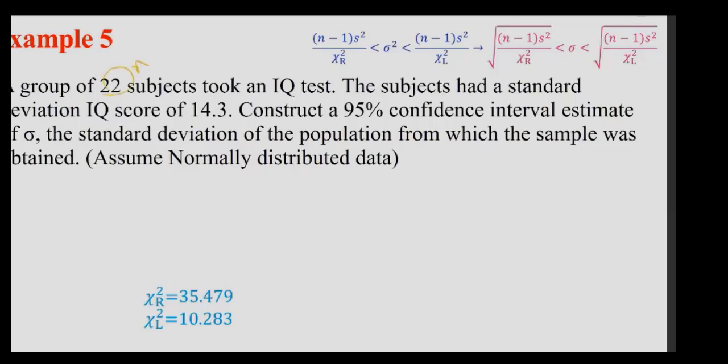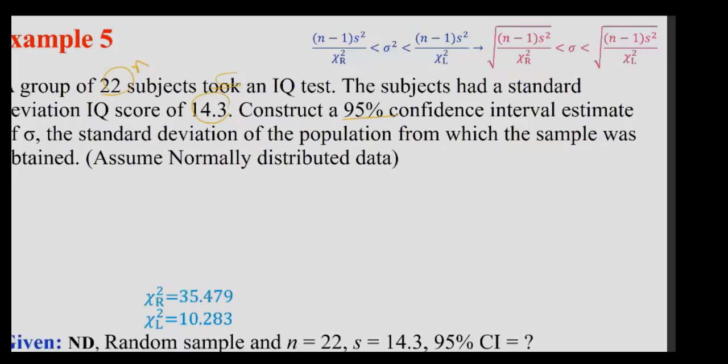The next thing is this number. Those 22 subjects had a standard deviation. So it's s, not sigma, because it refers to the 22 subjects. And of course, a 95% confidence interval needs to be made, assuming normal distribution. So what is given?